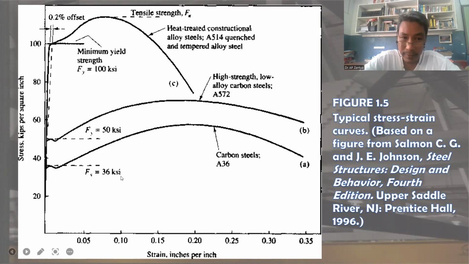Okay, and 836 is about 280 or 275, something like that. Okay. So these are actual values from the code, so they could be used in the design.